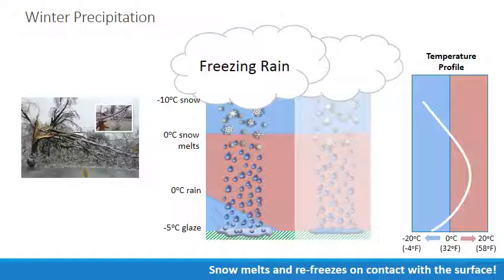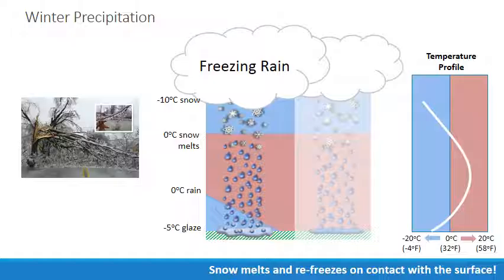The droplets then refreeze upon contact with a temperature at or slightly below freezing, creating a glaze of ice that's measurable in some cases. Even light accumulations can cause dangerous travel, while heavier amounts cause significant damage to trees and power lines. So a significant accumulation of freezing rain lasting several hours or more is an ice storm.